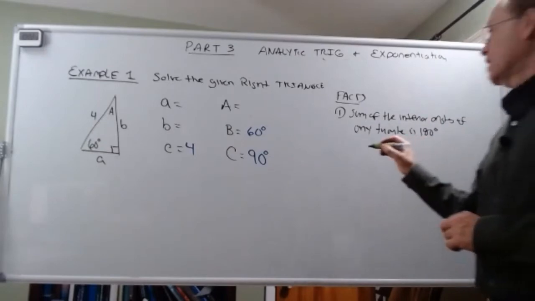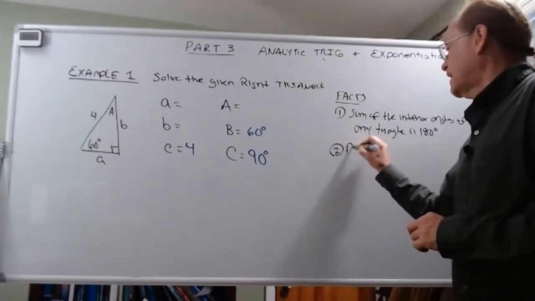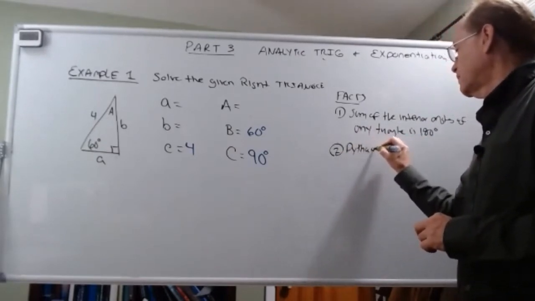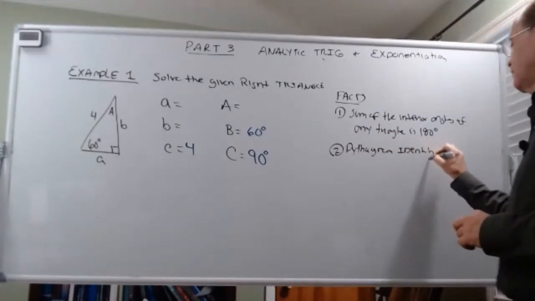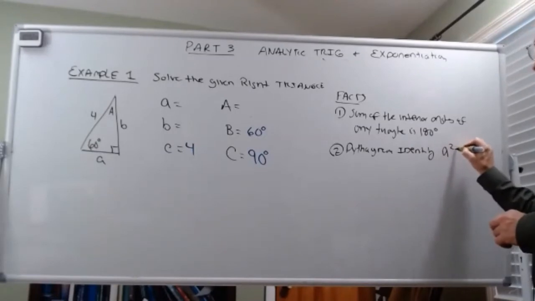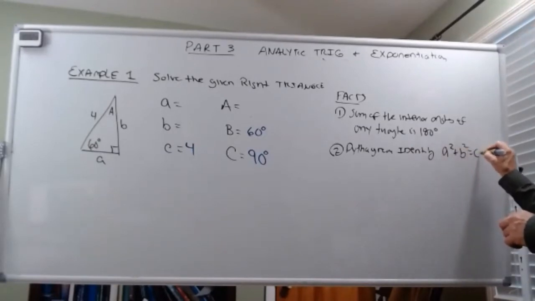Okay. What else do we have? We also have the Pythagorean identity, which says that a squared plus b squared is equal to c squared.